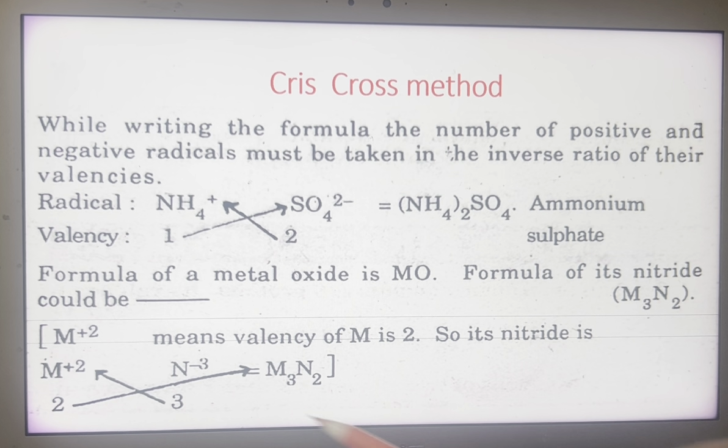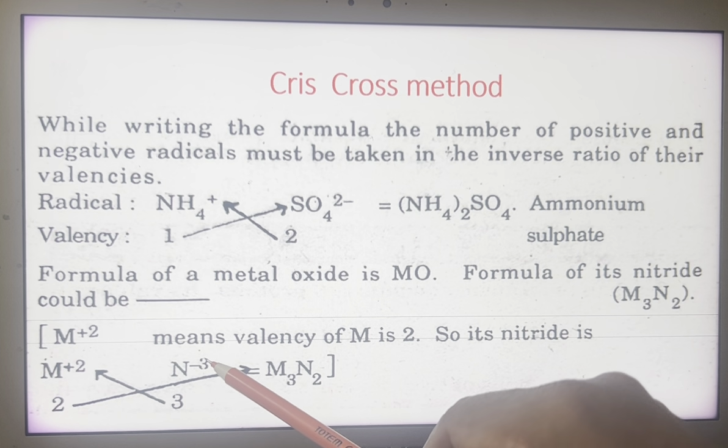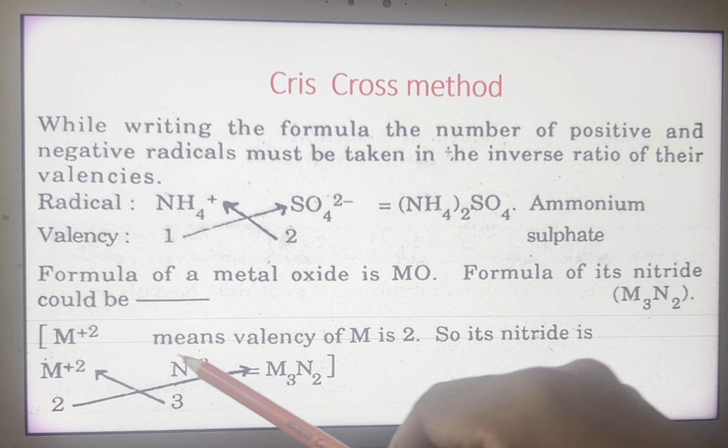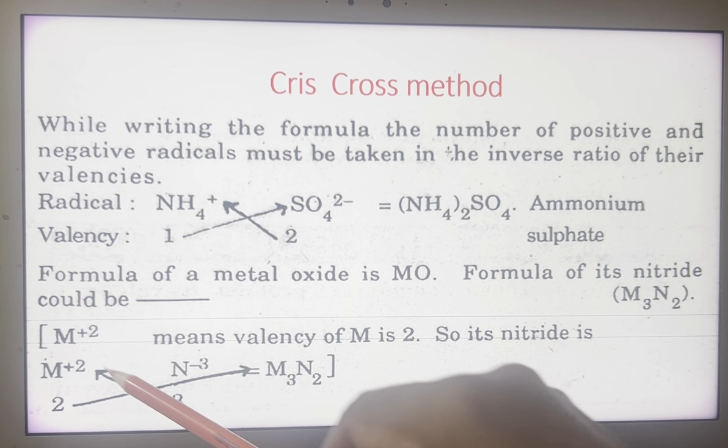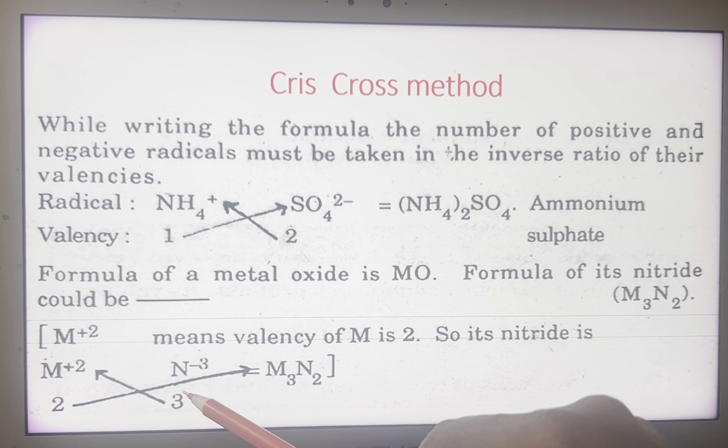Nitride is already in the list, N3 minus. Nitrogen is a fifth group element, 5 minus 8, that is minus 3, so only then it is a nitride ion. The metal is written on the left and nitride on the right. So the valence of M is 2, and this valence is 3. Simply leaving the charges, it can be considered as a valency.